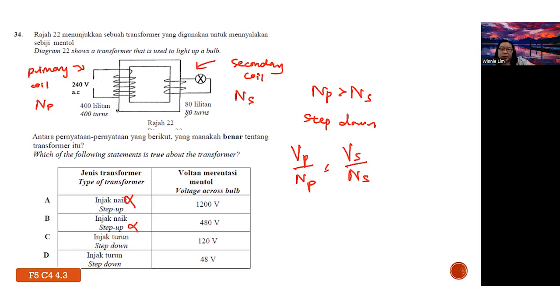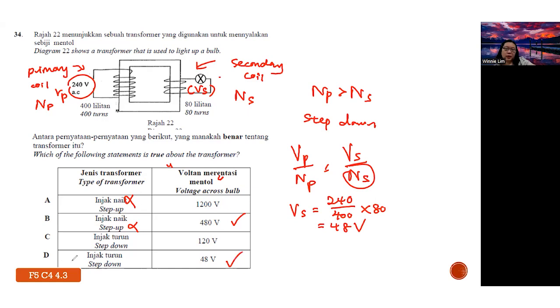We want to find the secondary voltage, the voltage across the secondary coil, Vs. This is Vp, so now we substitute to get Vs. Vs is basically Vp 240, Np 400, and then we times this one, 80. If you press the calculator, you're supposed to get 48 volts. Therefore, the answer is D.